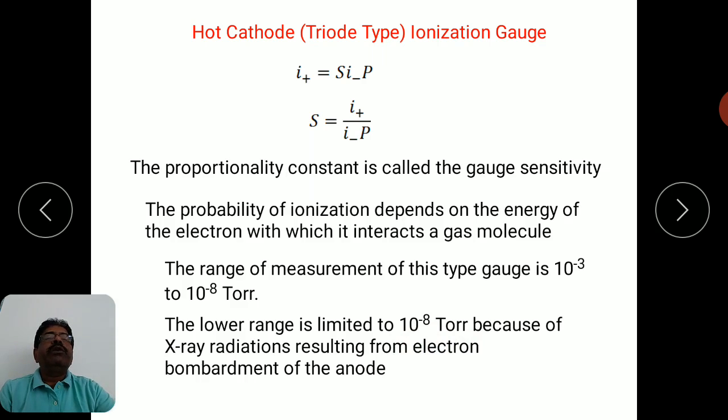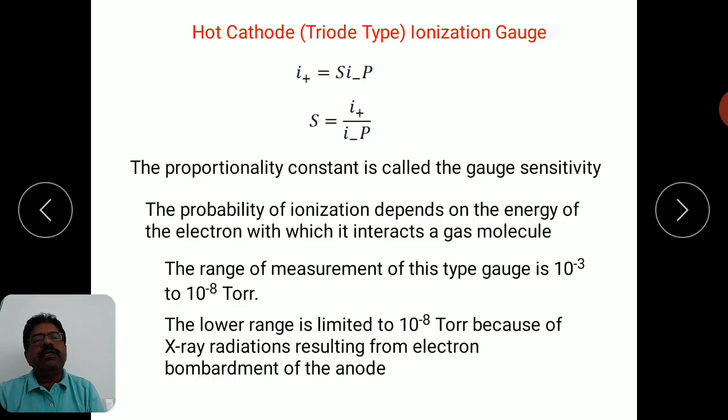So that is what the hot cathode triode type of ionization gauge is. In this way we have seen different types of gauges for vacuum measurement. Initially we started with the McLeod gauge, a very simple gauge based on Boyle's law.